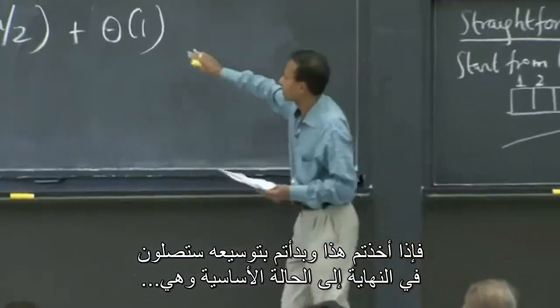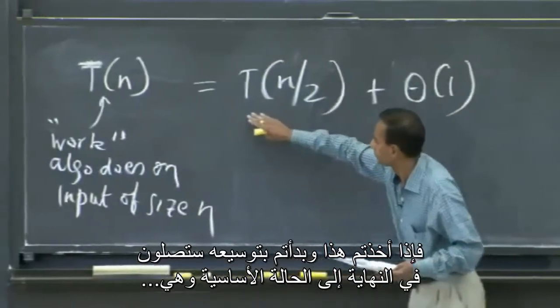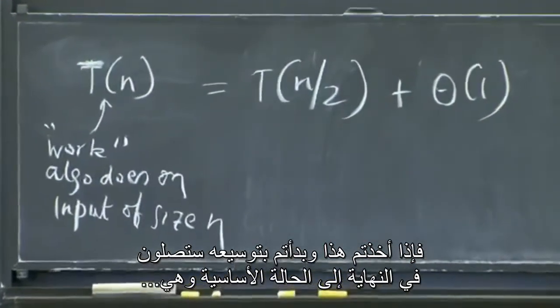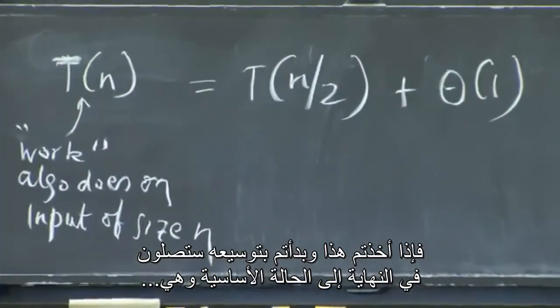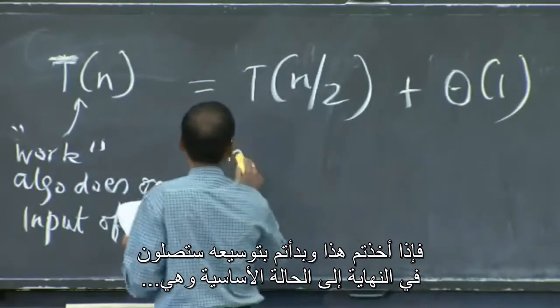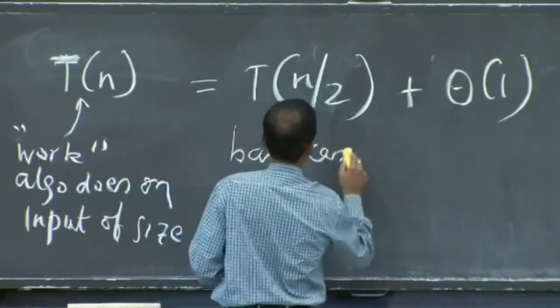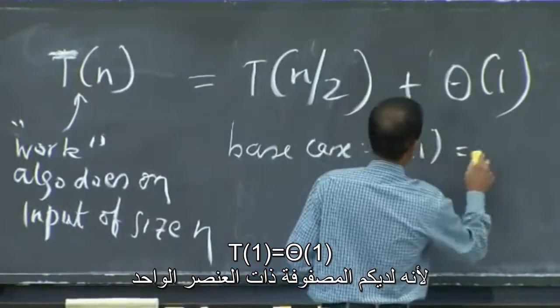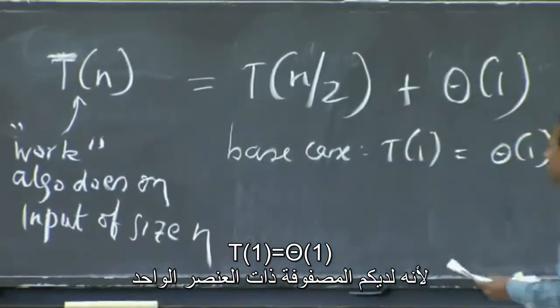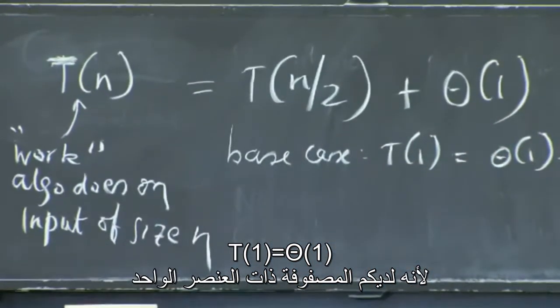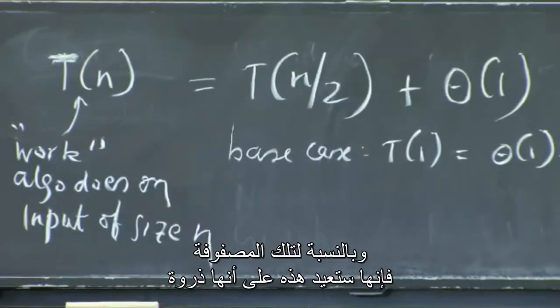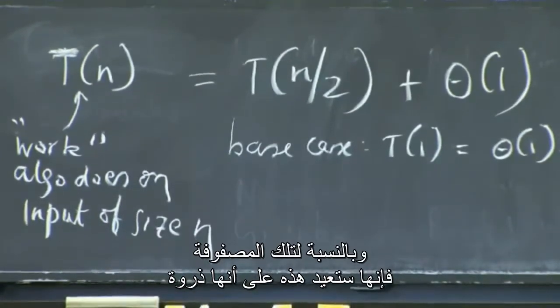So if you take this and you start expanding it, eventually you're going to get to the base case, which is T of 1 is theta 1, right? Because you have a one-element array. For that array, you're just going to return that as a peak.